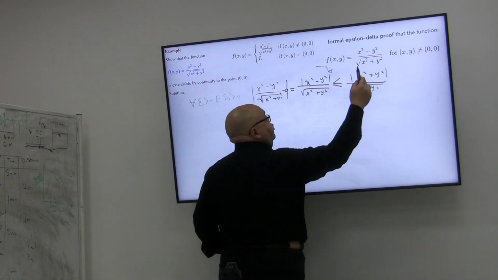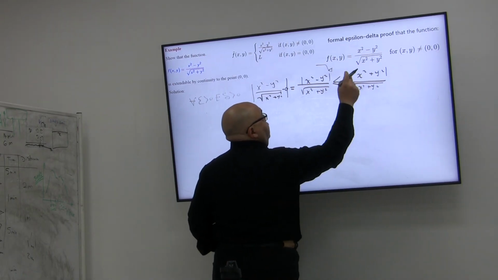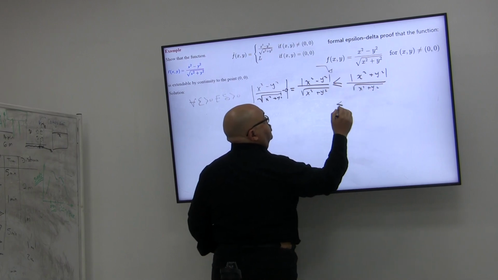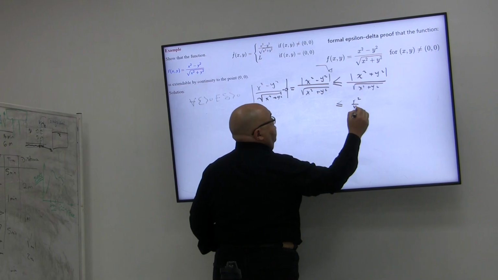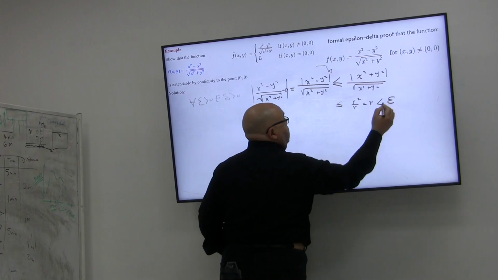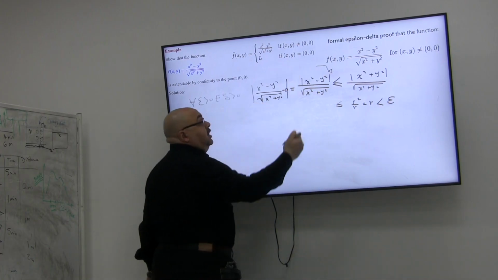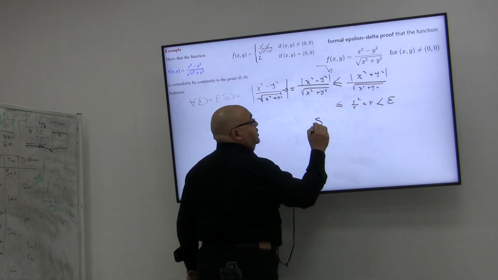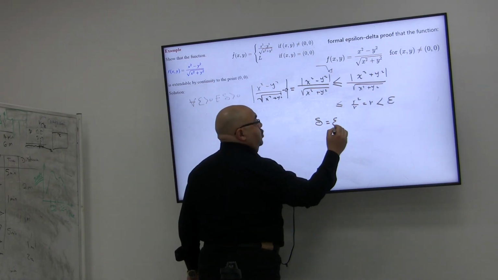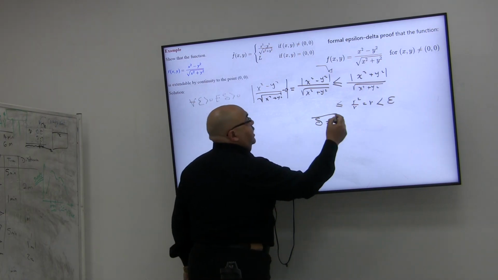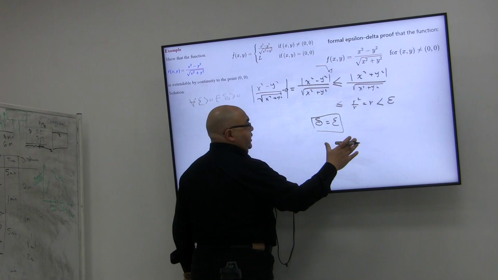Once more, instead of having x squared plus y squared, I can replace it with r squared. So it is less than r squared over r, which means r, with r greater than 0, which leads to it being less than epsilon. So using this definition, now I am sure that if I use delta equal to epsilon, or even epsilon over 2 in the other proof, then your value is correct.